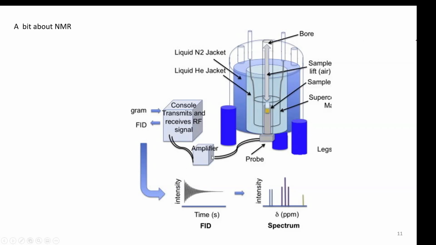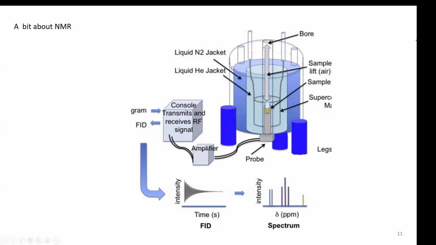And that goes through an amplifier, and that puts the current into the probe. And you will see a very large container that essentially is just a center tube, but that center tube is immersed in liquid helium. So it has 2 jackets in that big container.